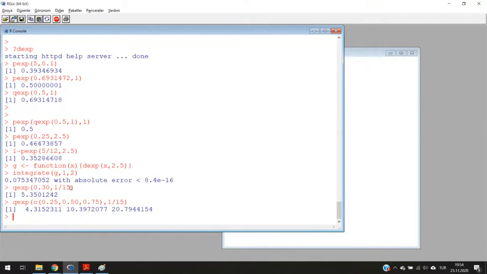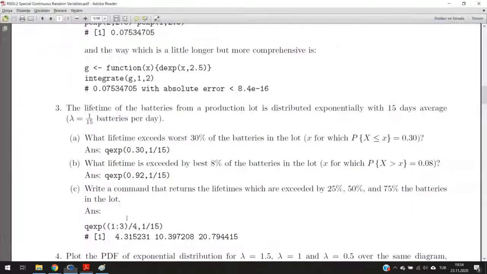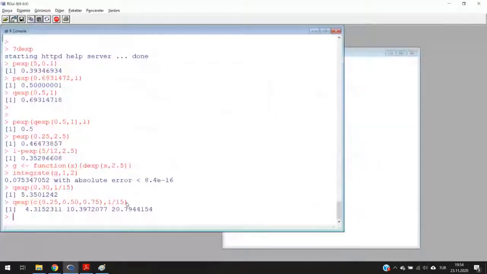So this means 25% of the batteries will not have a lifetime that is longer than 4.31. 50% of the batteries will not have a lifetime that is greater than 10.39. And 75% of the batteries will die out or will be exhausted before 20.79 days. Okay, so this is how we can do that.